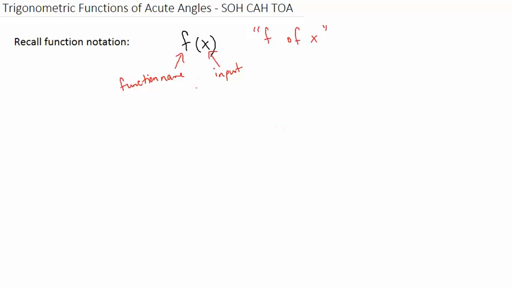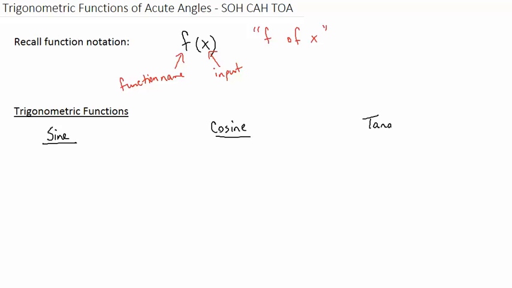Our trig functions have specific names. F is sort of a generic name, right? We have 6 trig functions, and we'll start with the 3 basic ones: sine, cosine, and tangent.